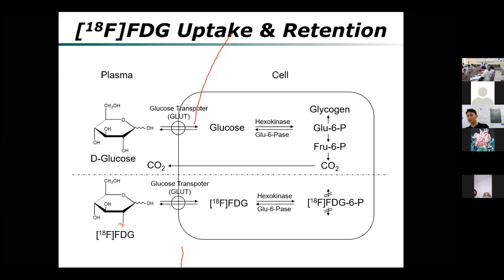So it uses the same transport system to go into the cell, but after that it does not proceed through the enzymatic pathway, because the carbon 2 position cannot be processed by the enzymes. Using this mechanism, we successfully take a diagnostic image of the accumulation of FDG.